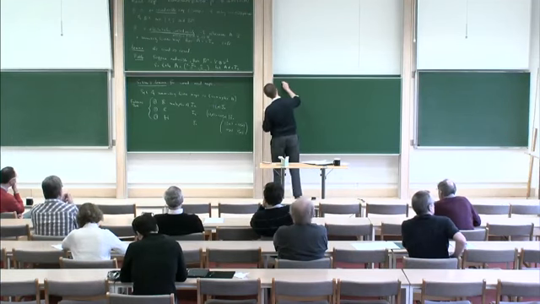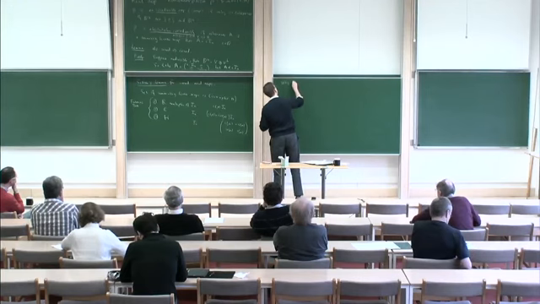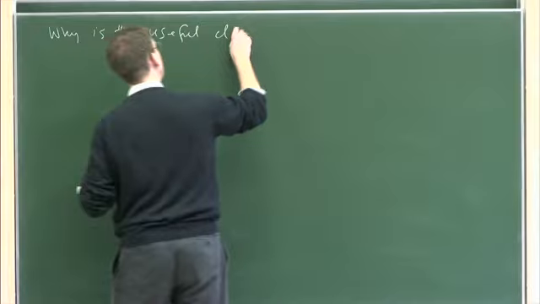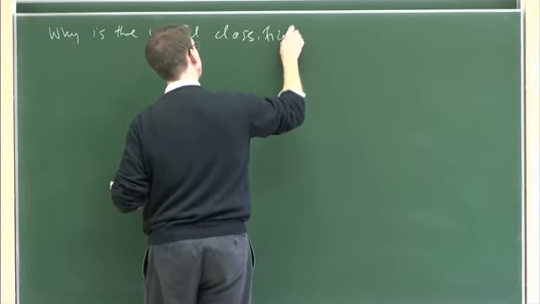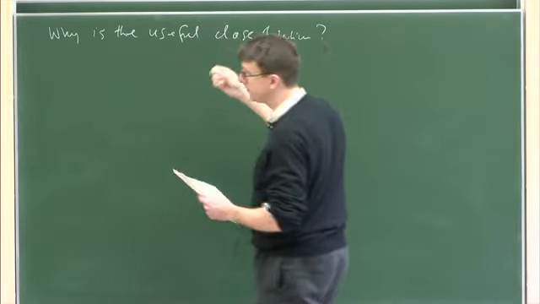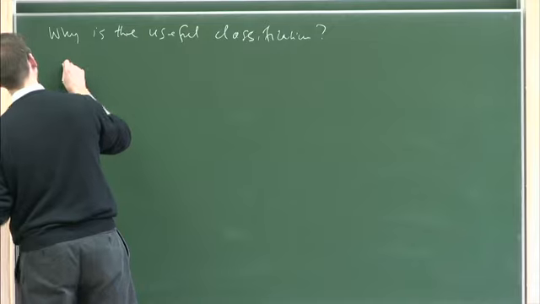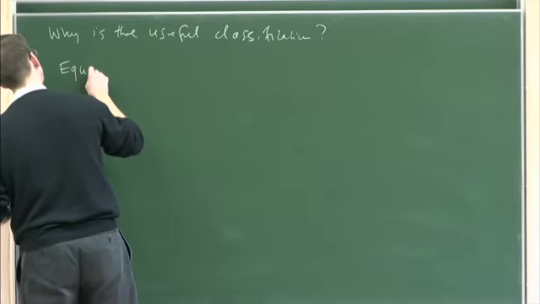So then, to pick up David's point, why is this a useful classification? The answer is that we naturally have a commuting linear map because of our equivariance condition for the differential equations.